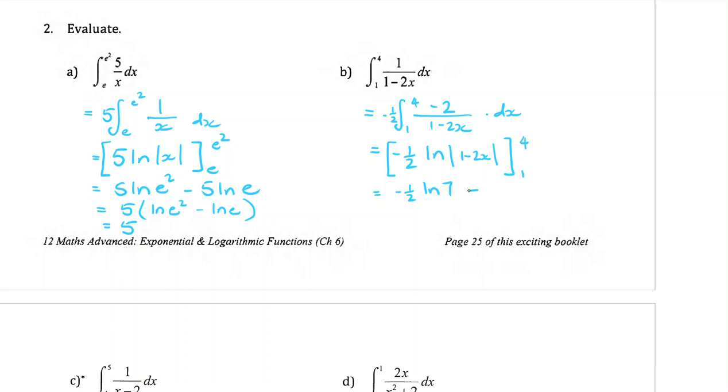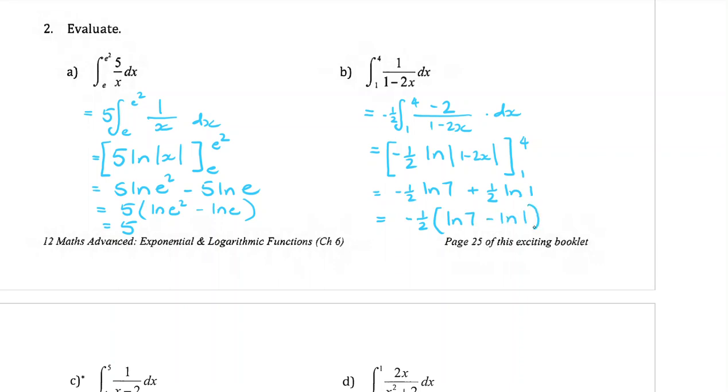Sub in 1. Actually, we have minus minus, so that'll become a plus, half, ln. Sub the 1 in, will be 1 minus 2, negative 1. Absolute value of negative 1 is positive 1. Yes, good. Okay. Let's factorize out a negative half, because then I would have ln of 7 minus ln of 1.